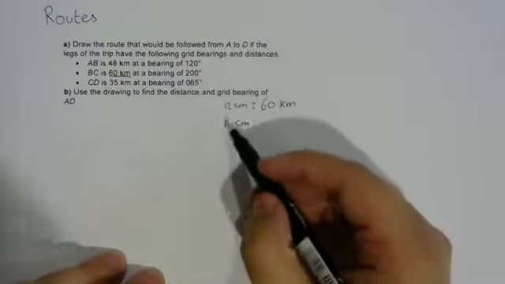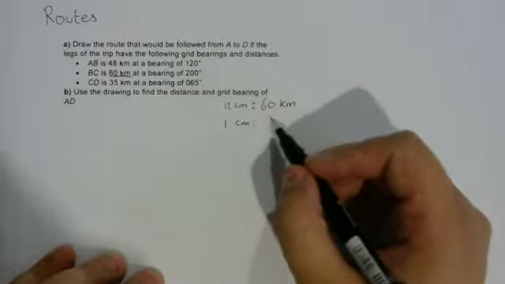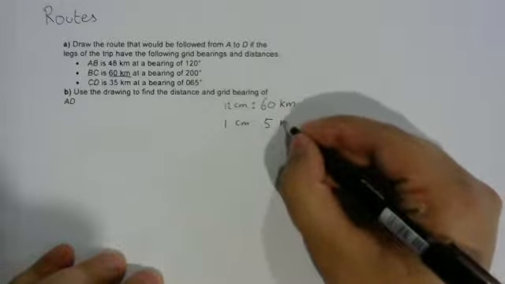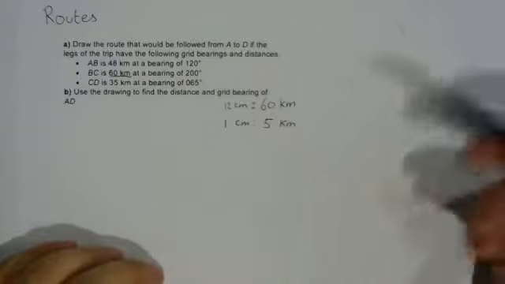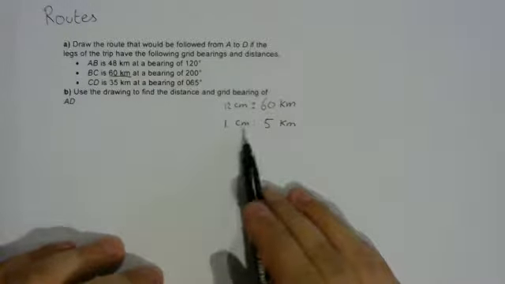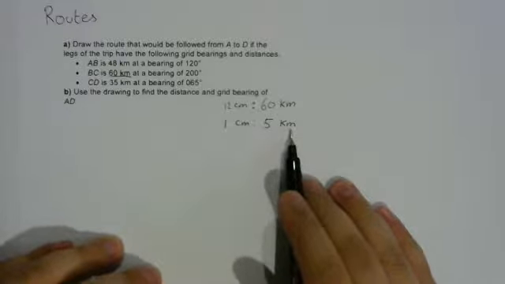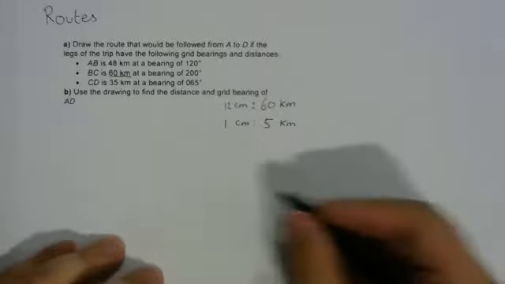And to get to 1, I divided 12 by 12. So over here I'm going to go 60 divided by 12, and that's going to be 5 kilometers. So on this particular route, 1 centimeter is going to be proportional to 5 kilometers. I can take this further if I want, but I'm just going to leave it there. We can use that.